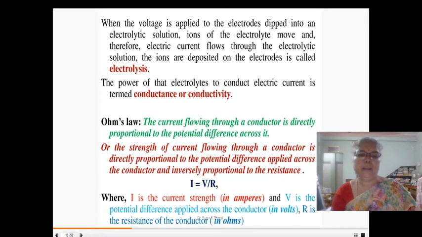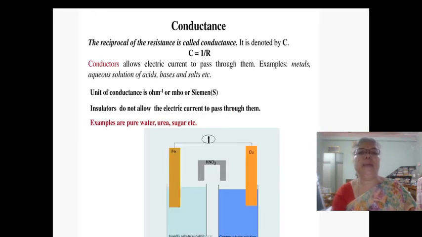Therefore, the conductance is also defined as the reciprocal of resistance, and it is denoted by either C or G. It is equal to 1 by R. The unit of conductance is ohm inverse or mho, or it is also called Siemens, represented by capital letter S.